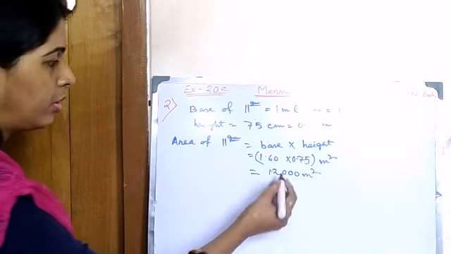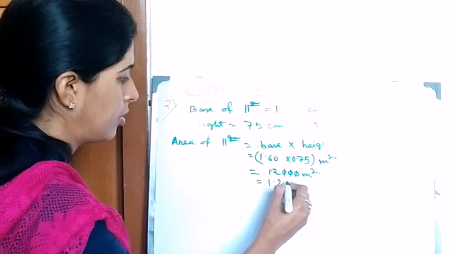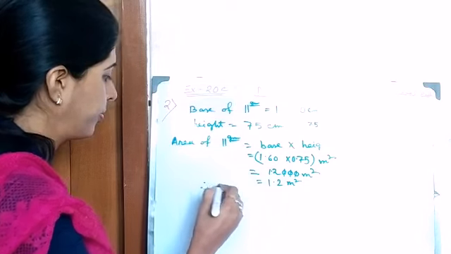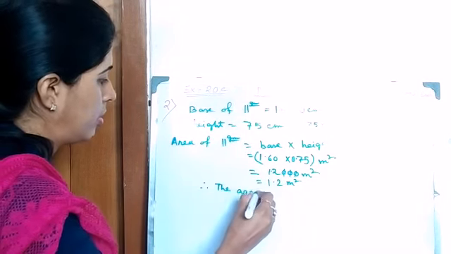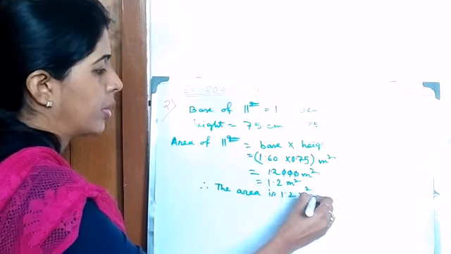That is 1.2000 meter square. The zeros can be cut, so the answer is 1.2 meter square. Therefore, the area is 1.2 meter square.